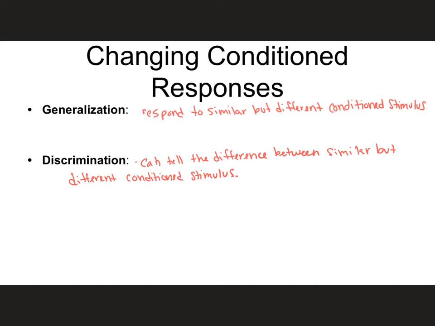Now, this can happen only after what we call overlearning, and we'll get to that when we get to that chapter. But overlearning means that you've learned it above and beyond.